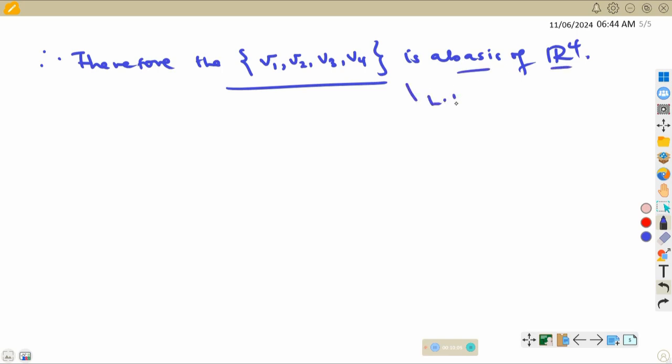That is, these vectors are linearly independent, and we have seen that this set spans R4. So if the two conditions are satisfied, then we conclude that this set is a basis of R to power 4.